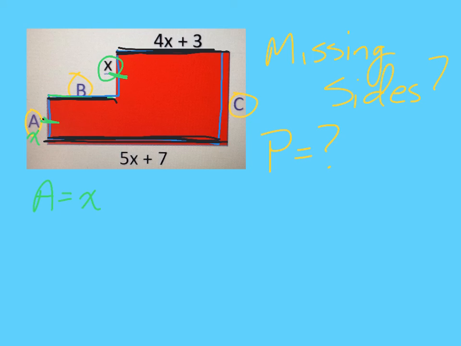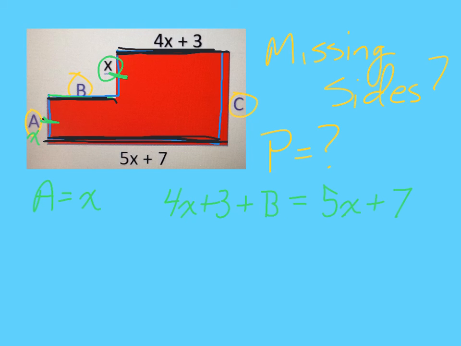So if we use that, we can figure out B. This is very similar to one we saw in the lesson where we were working our way around. We went from P to R and turned around back to Q. You can look back and see that. But really what we have here is this relationship that says 4x plus 3 plus b is equal to 5x plus 7.